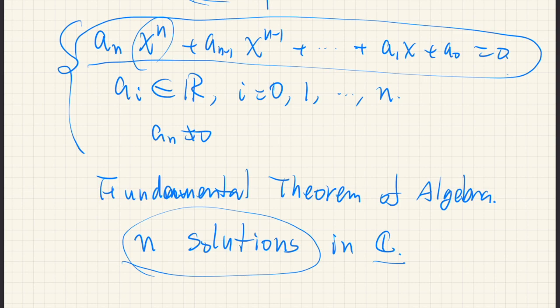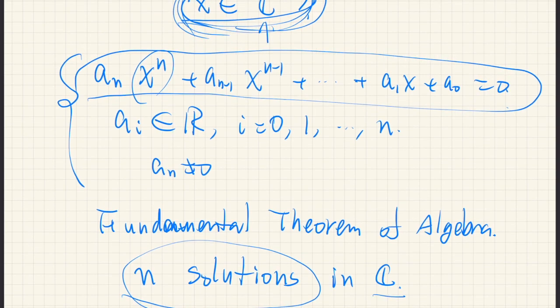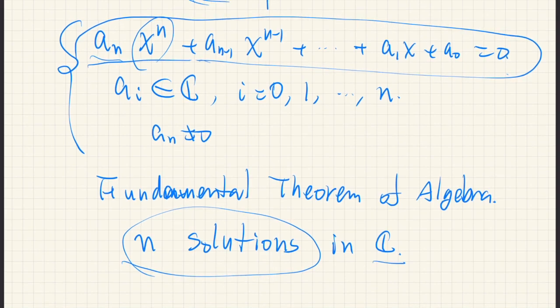And actually we can extend this theorem so that the coefficients are complex. So for complex coefficients, we still find n solutions in complex numbers. So that's called the fundamental theorem of algebra.